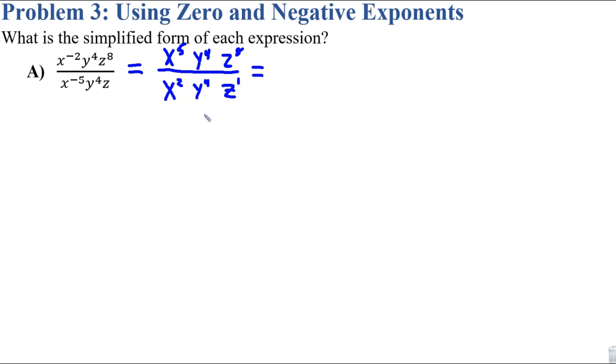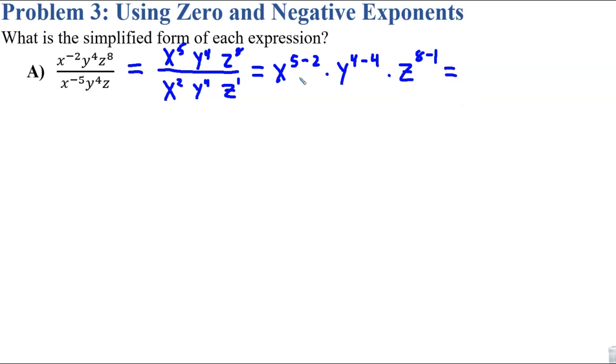So I can reduce this down to then x to the 5th divided by x squared. We can write that as x to the 5 minus 2, times y to the 4th over y to the 4th will be y to the 4 minus 4. So that's going to be our 0 exponent here. And then z to the 8th over z to the 1, we can just say it's z to the 8 minus 1.